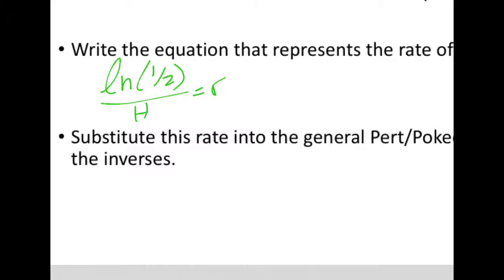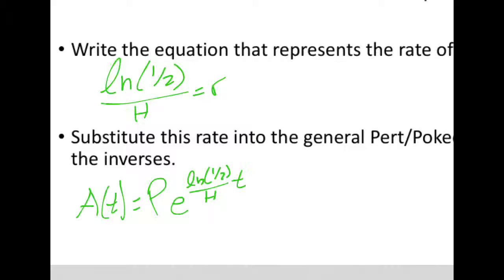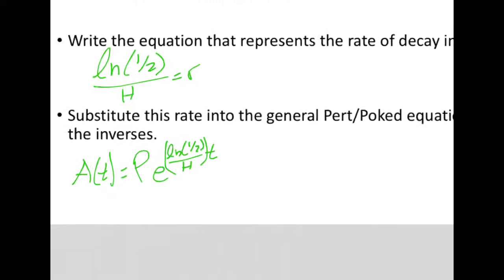So what I'm saying is we're going to take our equation, A of t equals P times e to the rt. But instead of r, I'm going to write the natural log of 1/2 divided by H. So there we have our PERT equation with a fancy r.